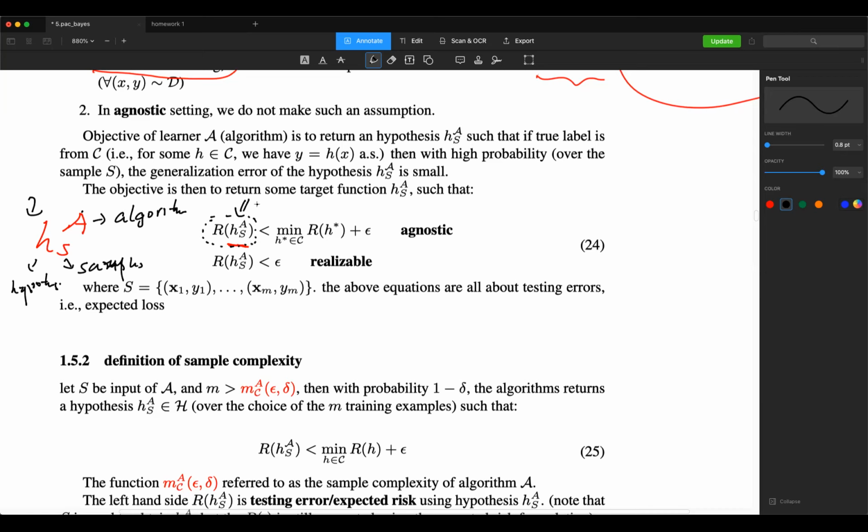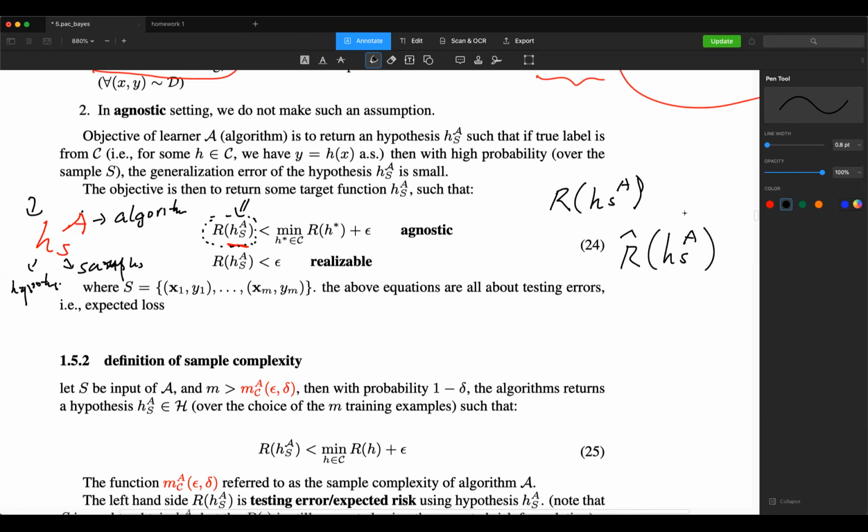Which one is going to give you more error? Your expected risk, or your empirical risk for this hypothesis H? Which one is going to be bigger?